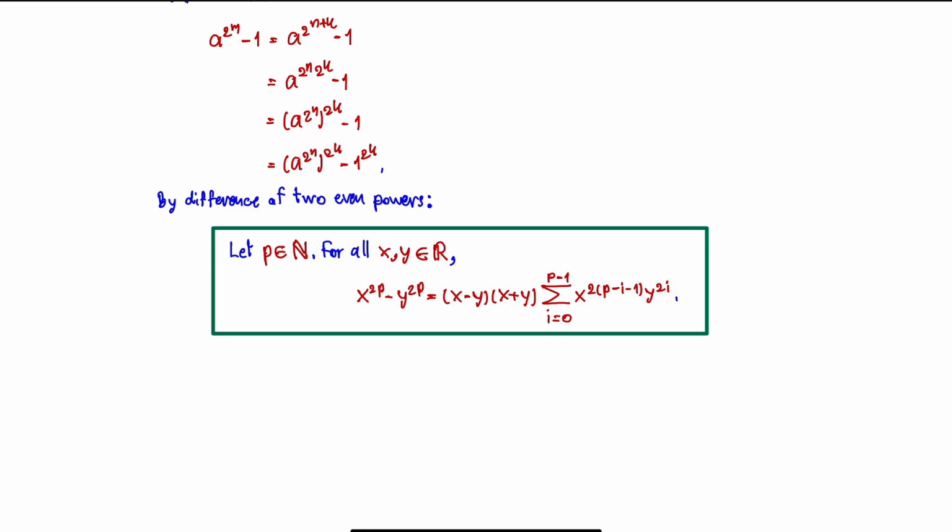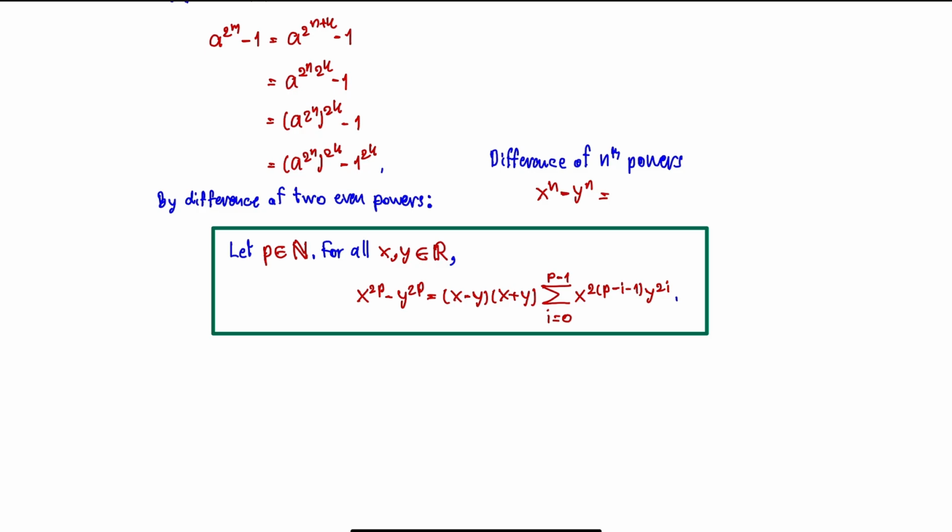This is the formula that we have to use. And this formula is derived from the difference of, let's say, n-th powers, like x to the n minus y to the n, and it has its own formulas.